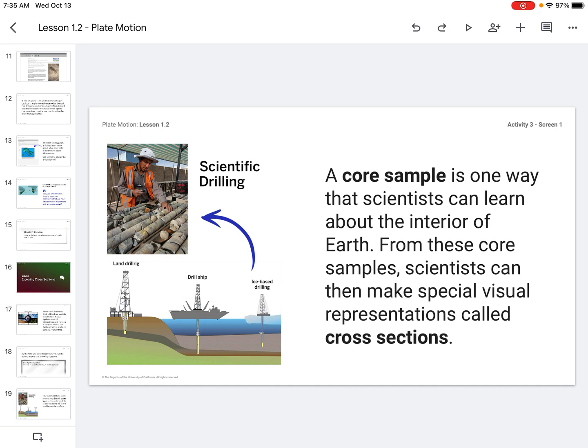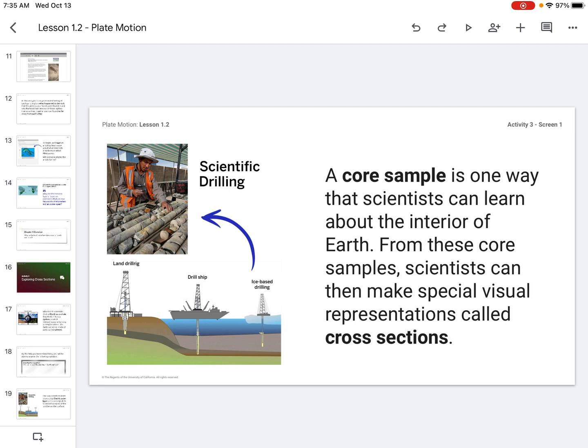In the pictures down below, you see land drilling, a ship drilling, and ice-based drilling. What happens is they take this very sharp tube, and they drill down, and they end up pulling up these cores, samples of what's going on underneath. So from those core samples, scientists can then make special visual representations called cross sections.